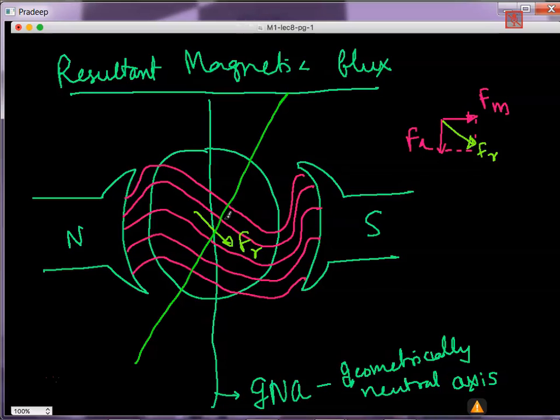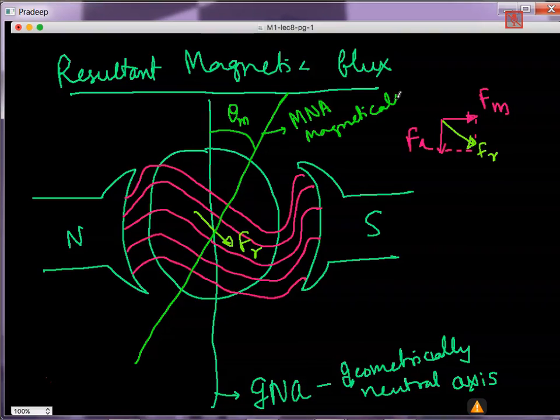This angle is denoted as theta m, and this line is called MNA, the magnetically neutral axis. So this is the effect of armature reaction.